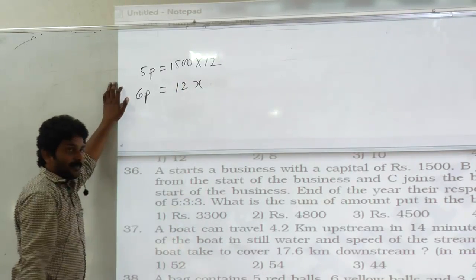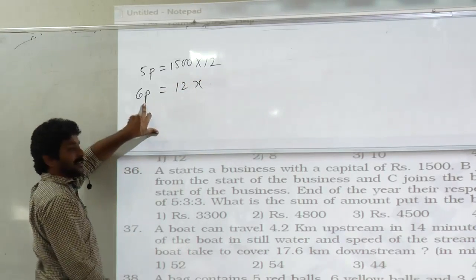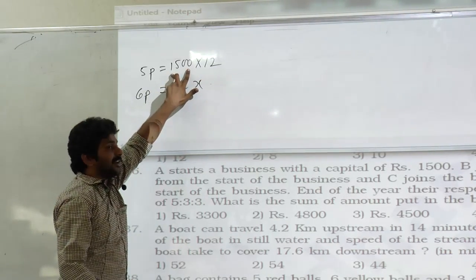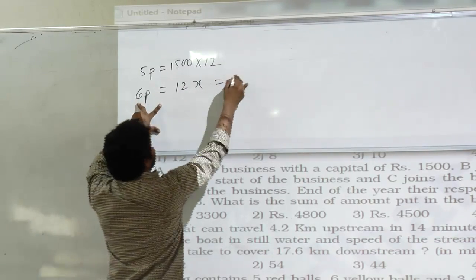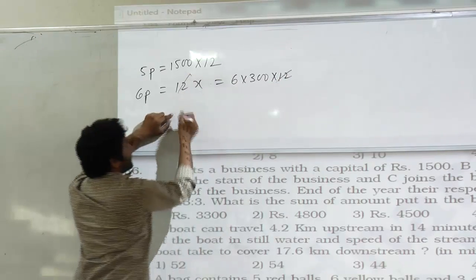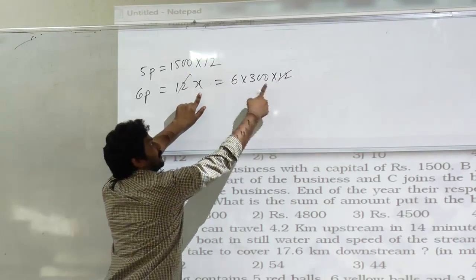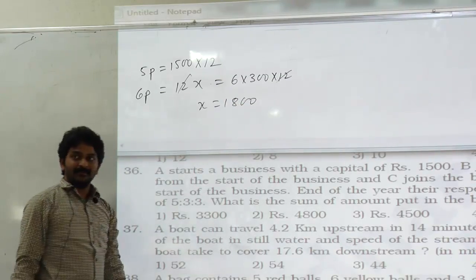Yes or no? And if 5 parts is equal to 1500 into 12, what about 6 parts? 5, 300 into 12, 6, 300 into 12. 12, 12 cancel, x is equal to 1800.